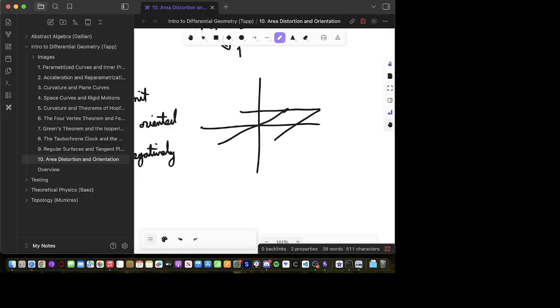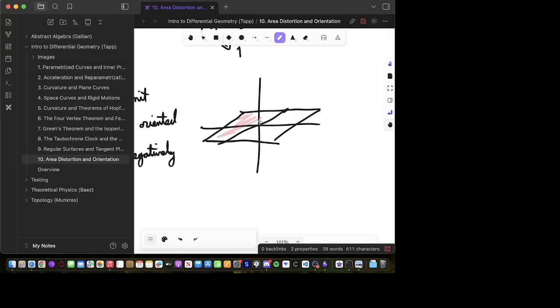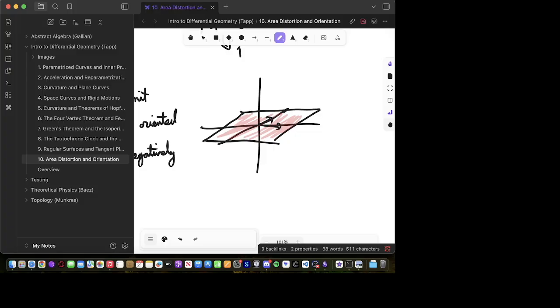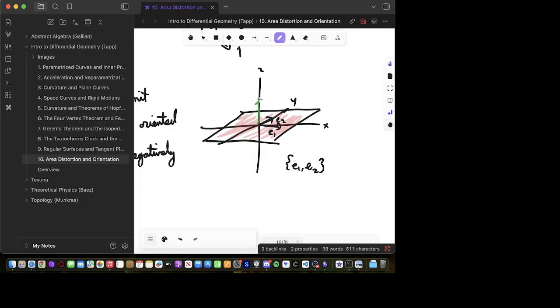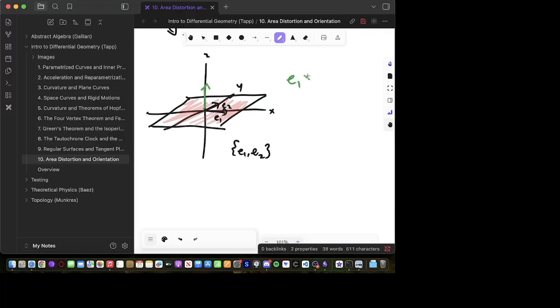So let's say we have, let's keep it simple. Let's have a subspace like this. And let's say that we have basis E1, E2, X, Y, Z. If we have an orientation choosing a normal vector like this, then it's positively oriented, because let's call this N1.